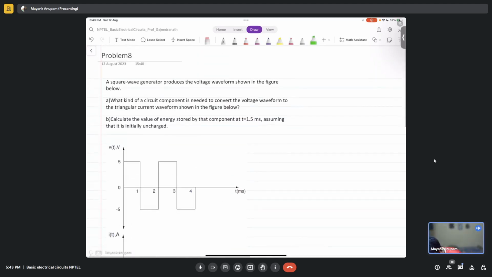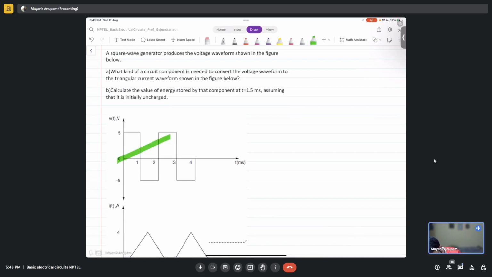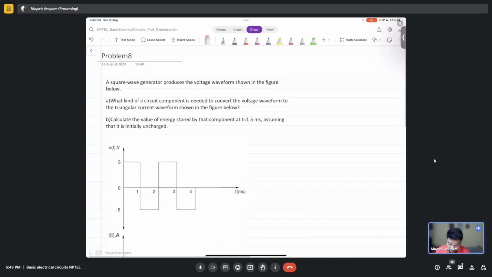Alright, so a square wave generator produces the voltage waveform shown in the figure below. This is the square wave generator response. As the name suggests, it generates a square wave. This is the voltage waveform that it will generate.